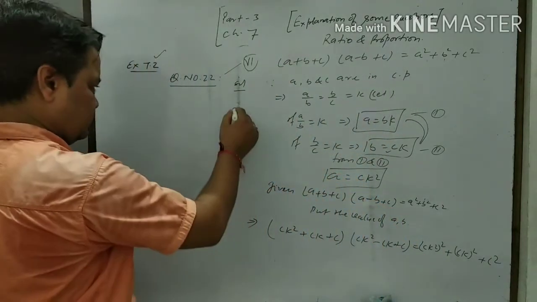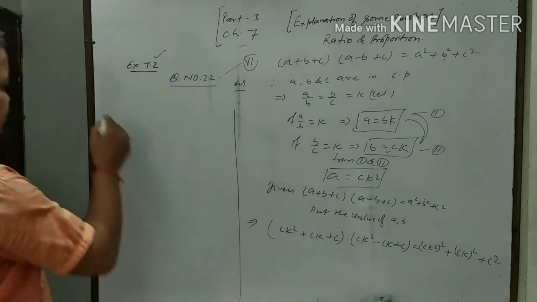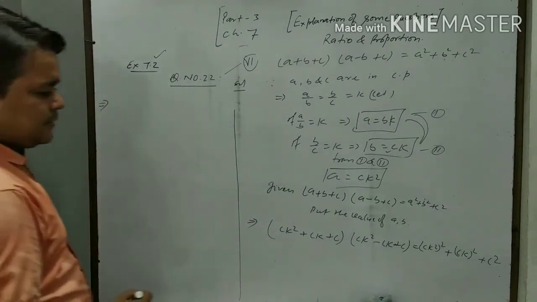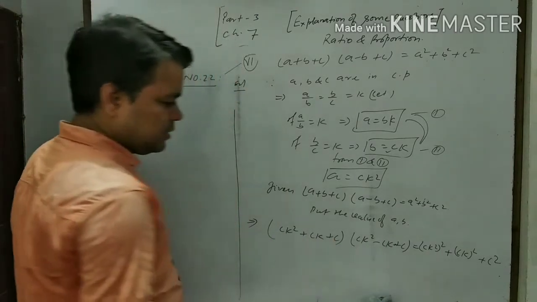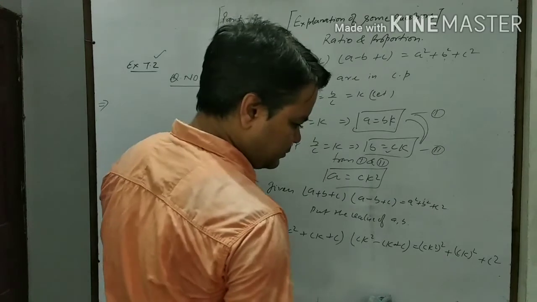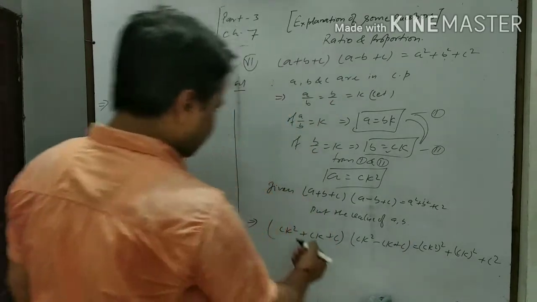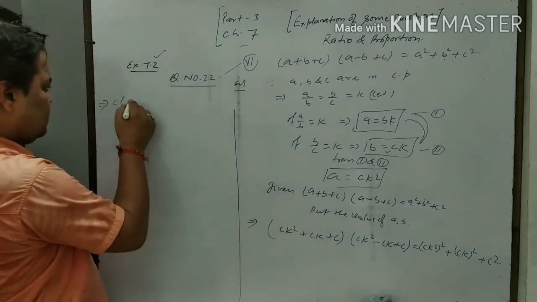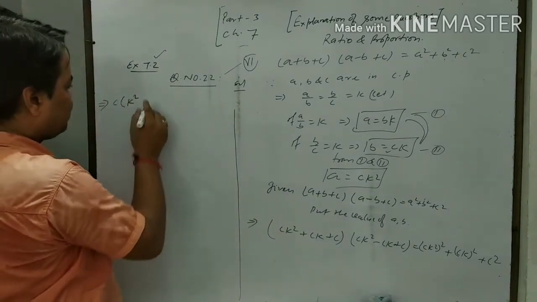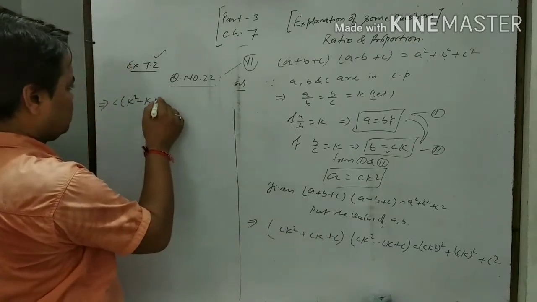Okay, next step, let us see this side. What is common here? C is common here, and again C is common here. We can take C common, then inside will be K square minus K plus 1.